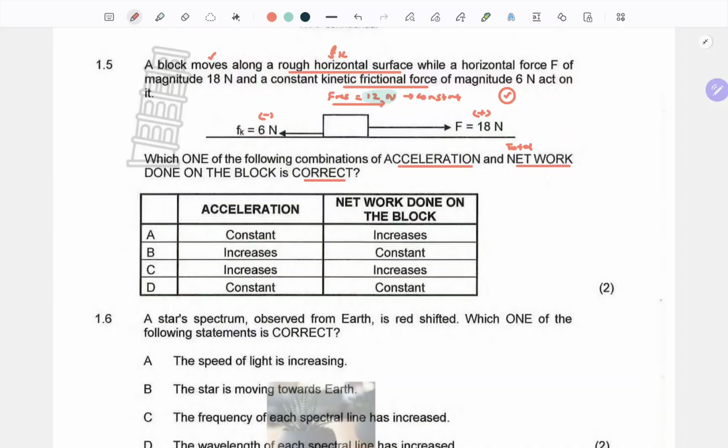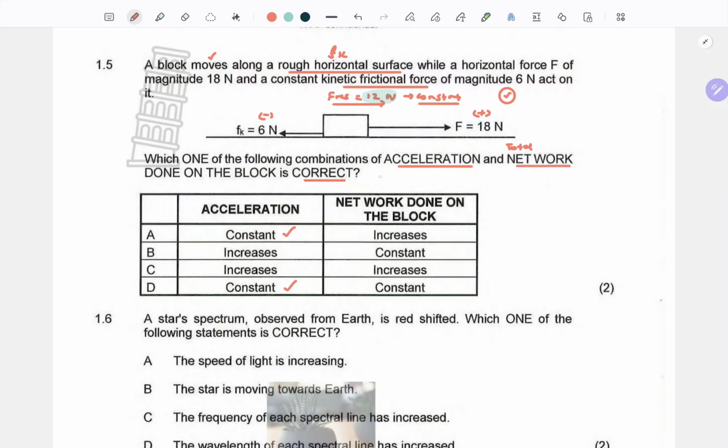Again, we're back to Newton's second law here. Right, acceleration, we know that as long as there's an 18 newton force applied on the box and a 6 newton kinetic frictional force, there will always be a resultant of 12 newtons. And in essence, if the resultant force is constant, then the acceleration should be constant, isn't it?